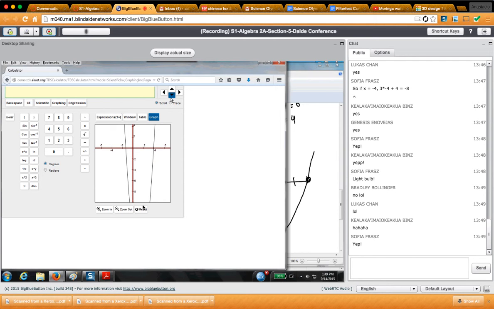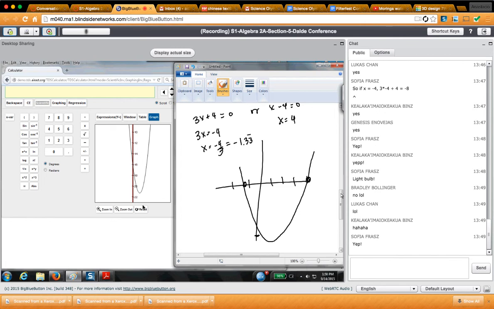Going down, going down. There we go. And if you look at where it crosses the y-axis, it's at negative 16. So look, without using a graphing calculator, we were able to guess what the graph looks like. I think that's pretty amazing. Don't you?